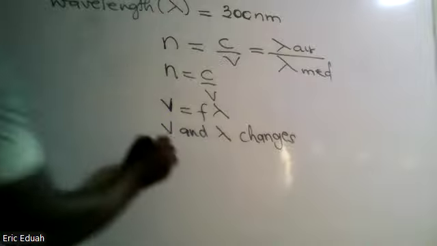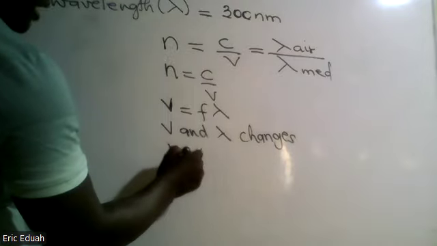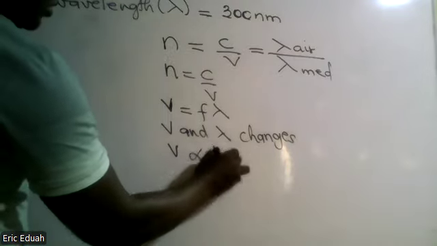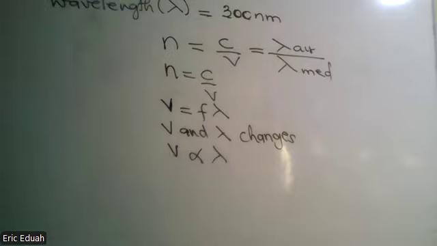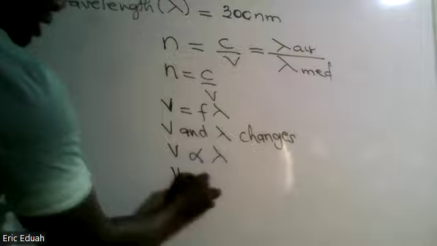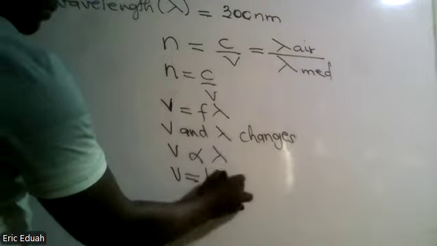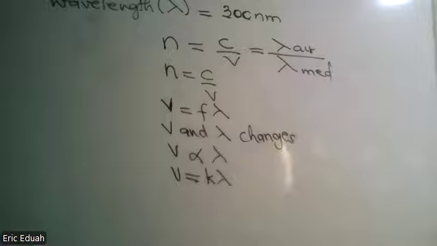In fact, the velocity of light or wave is directly proportional to the wavelength. When we introduce an equal sign, we have a constant of proportionality times the wavelength.